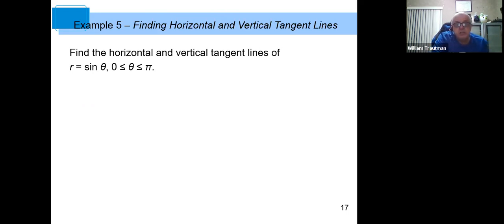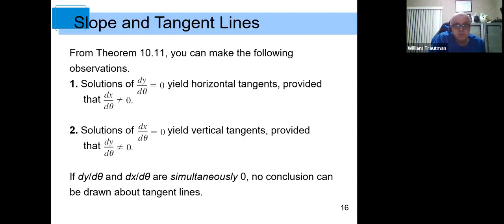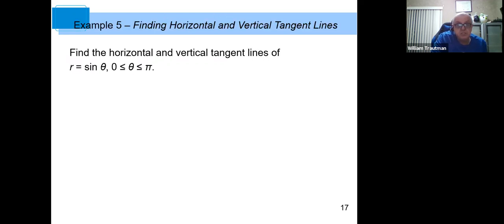So here, example 5 says, find the horizontal and vertical tangent lines of r equals sine theta. So once again, horizontal tangent lines are dy d theta.